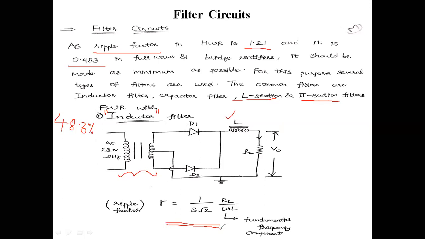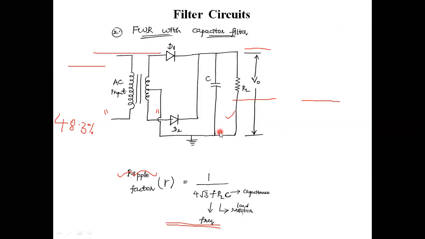Here omega is the fundamental frequency component, L is the inductance value, and RL is the load resistance value. In this way we can find out the ripple factor with respect to this inductor type of filter.